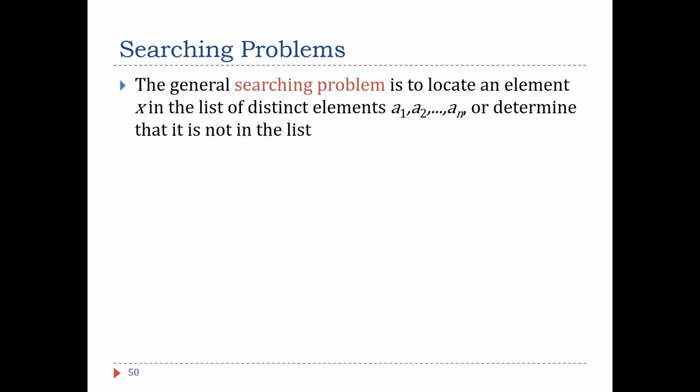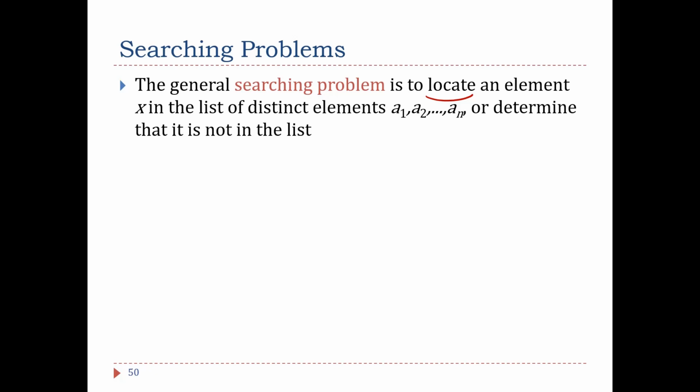The general searching problem is to locate an element X in the list of distinct elements A1 up to AN, or to determine that it's not in the list. And typically in this case, we return a value that does not designate a correct location.